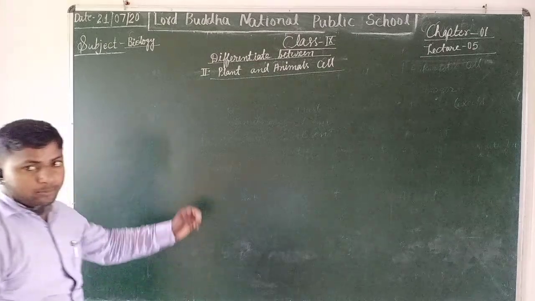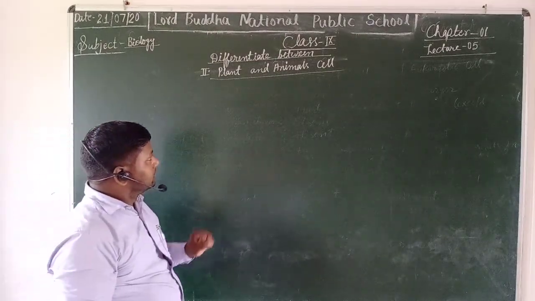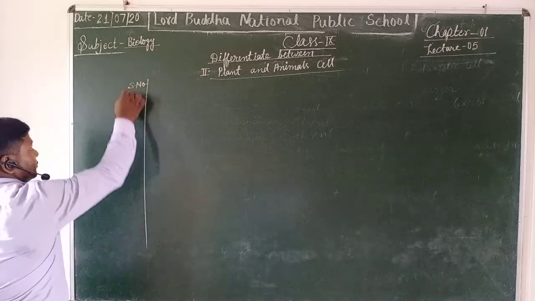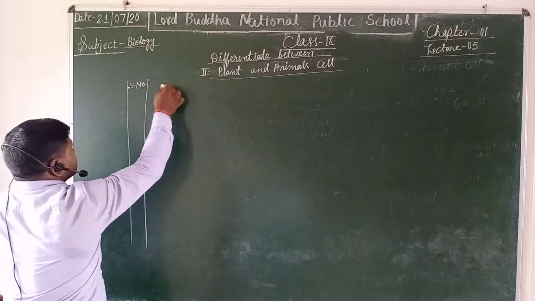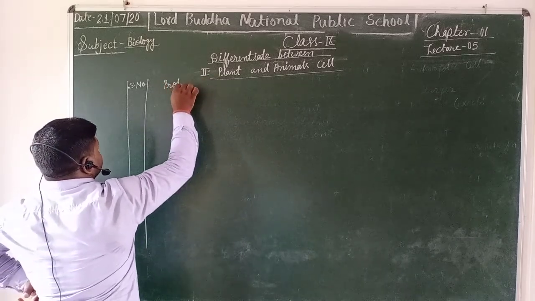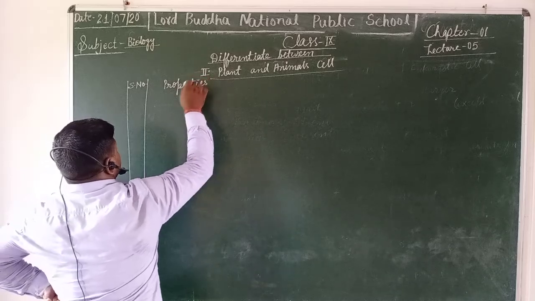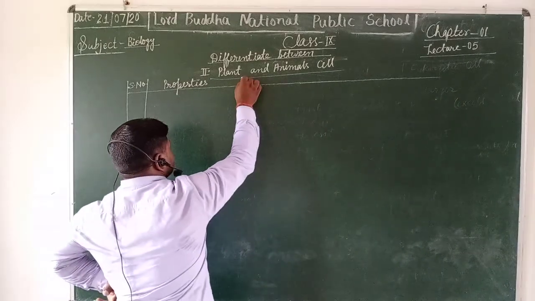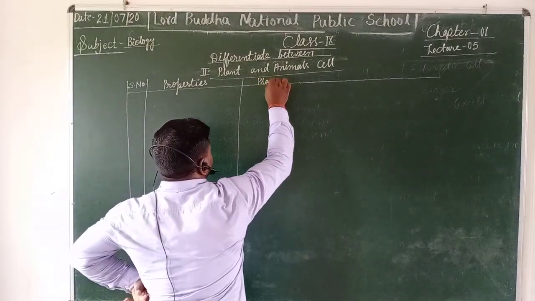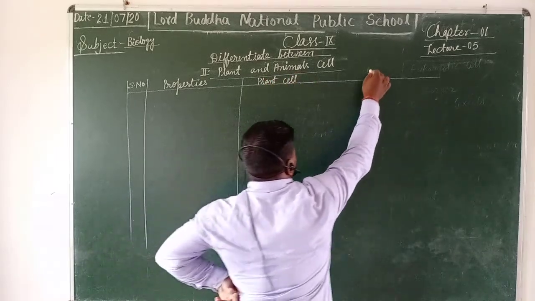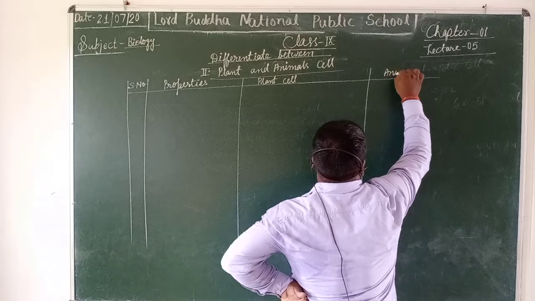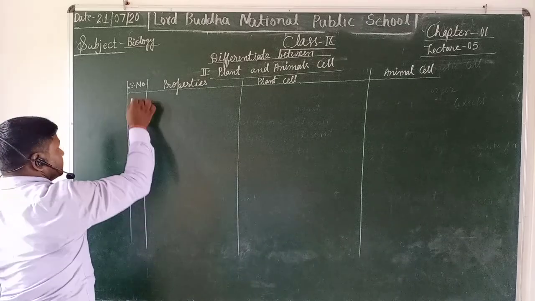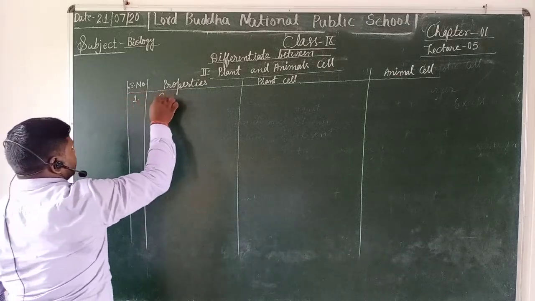In your syllabus, only 5 points. As a year, we should take the lines, properties, plant cell, and animal cell. First property, here I take cell wall.